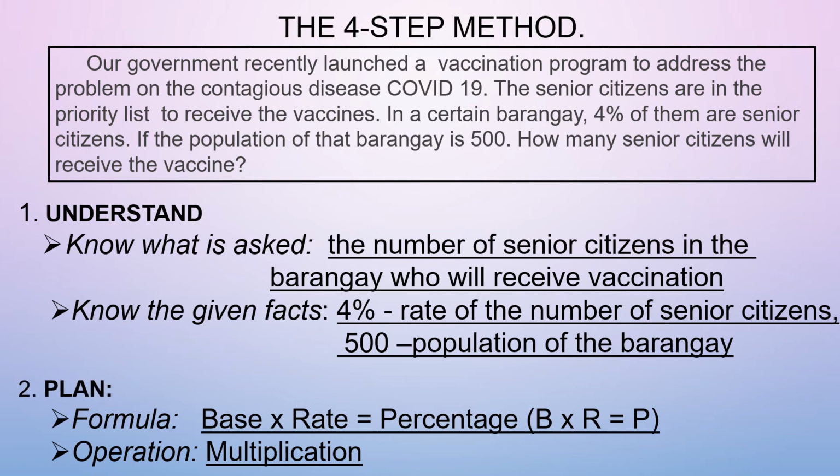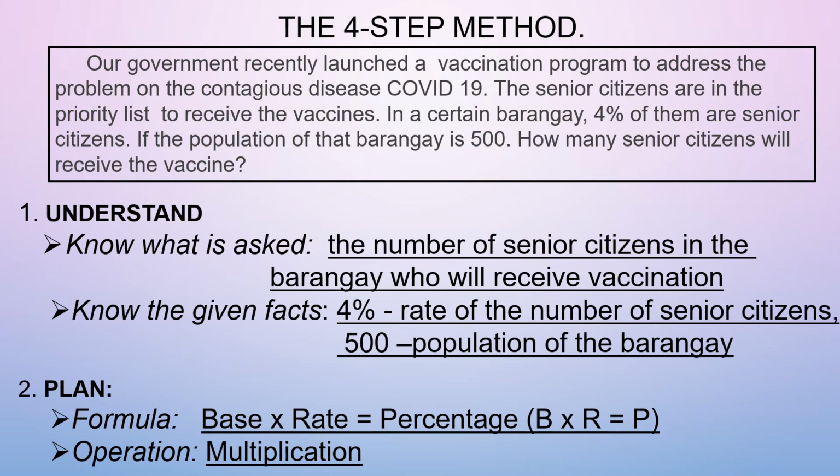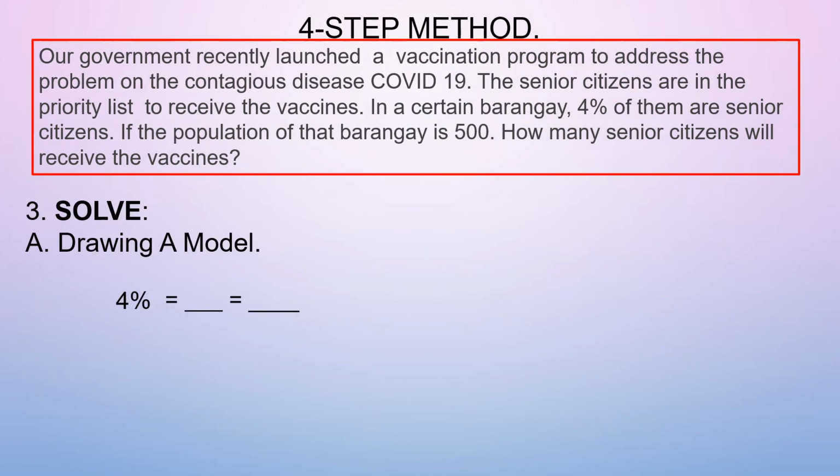Next is plan. And the formula that we are going to use is base times rate equals percentage, or B times R equals P. And the operation is multiplication. Third step is solve. And the strategy is drawing a model or region. So first, change the rate into a fraction, and that is 1 over 25.